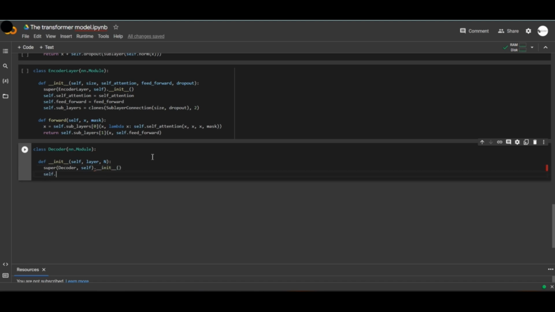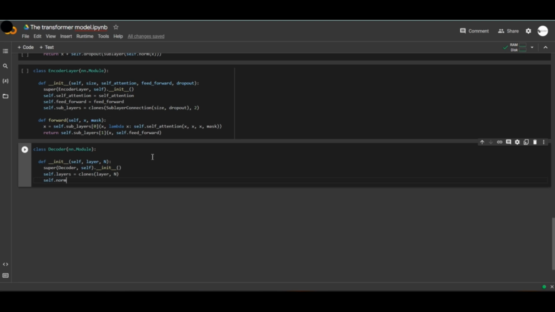We say self.layers, because we have to apply the clones, which is layer, and we provide how many times we have to replicate the layer within the decoder. Then we say self.norm. So you see, we're starting to reuse the functions that we have already written. So layer norm, then it's going to be layer size.